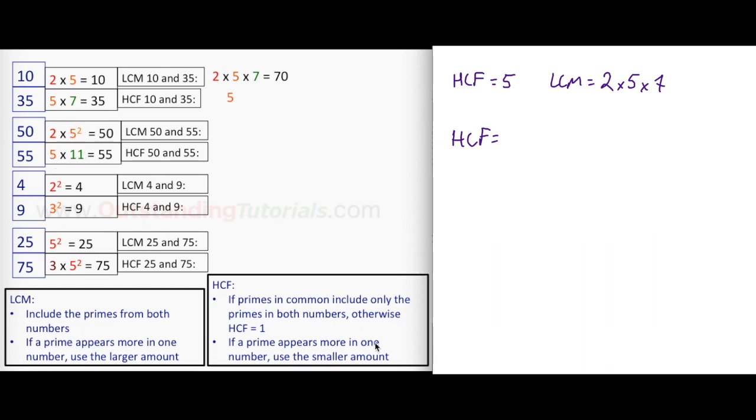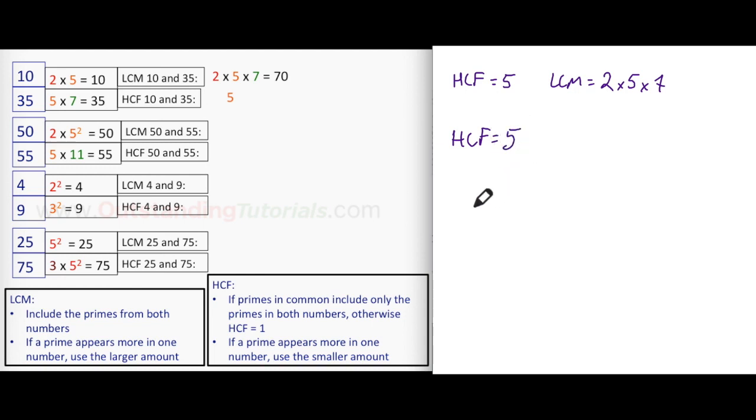What does it say you do? If a prime appears more in one number, use the smaller amount. If I have to choose between a power of 1 or a power of 2, it says choose the smaller one. So the highest common factor in that case would be 5.